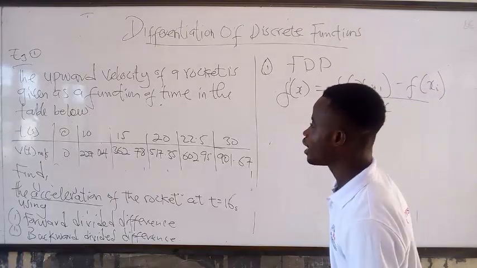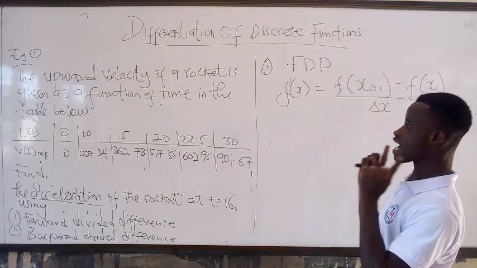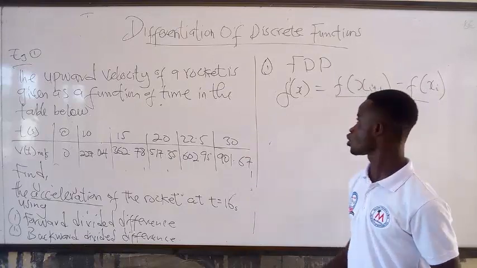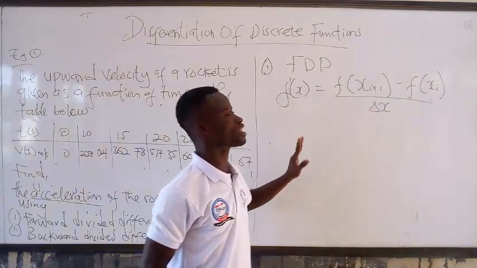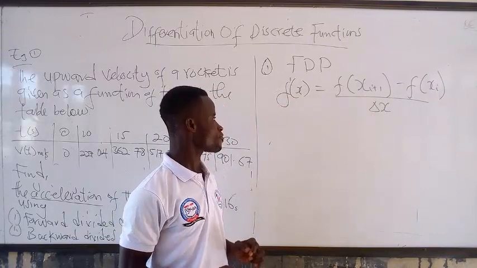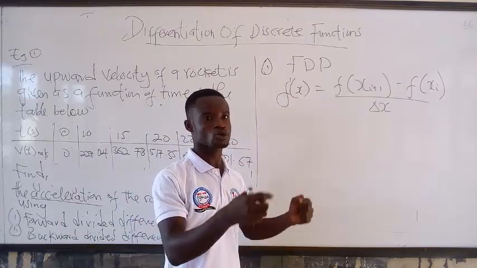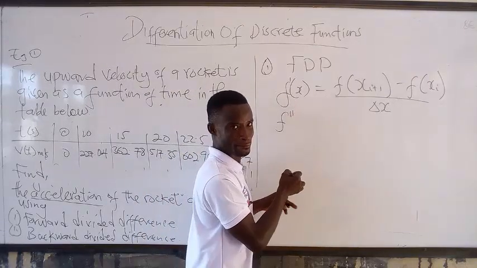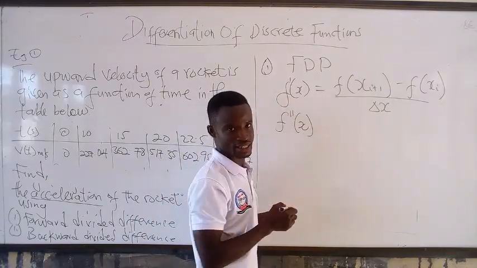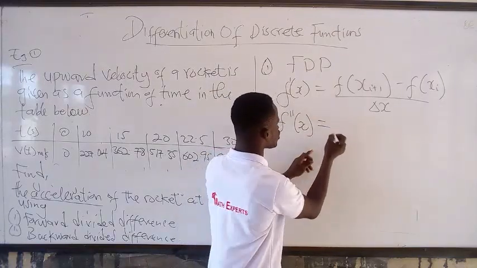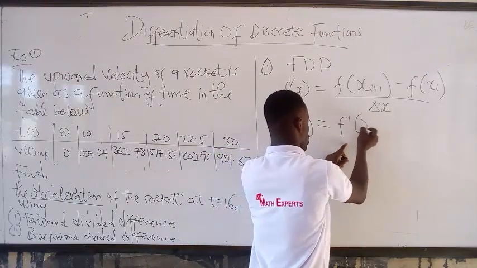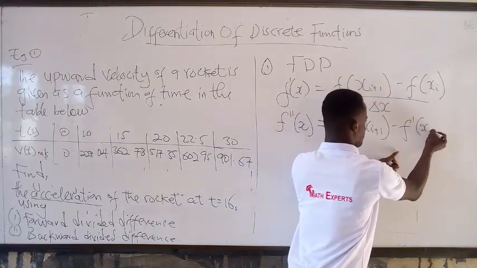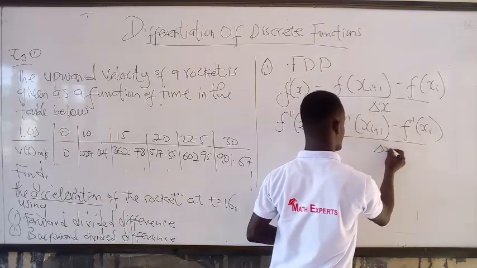But in dealing with this question, read it carefully and know that the velocity we have is the first derivative. So if you write this formula down, you are wrong. The formula we have to use is f prime of this, which is equal to f prime of that minus f prime of this, all over delta x.